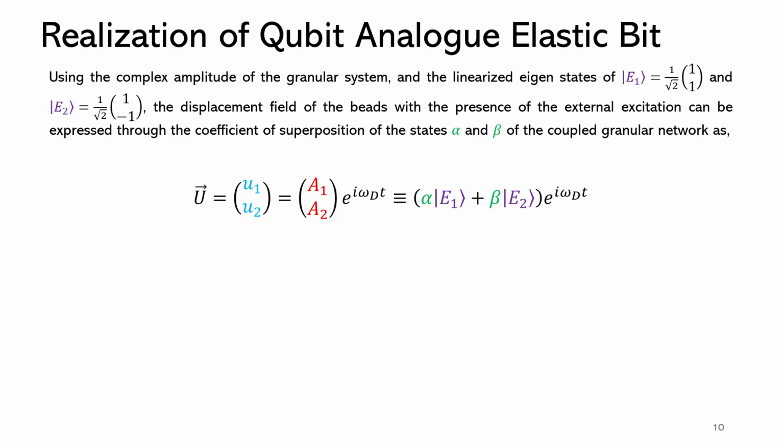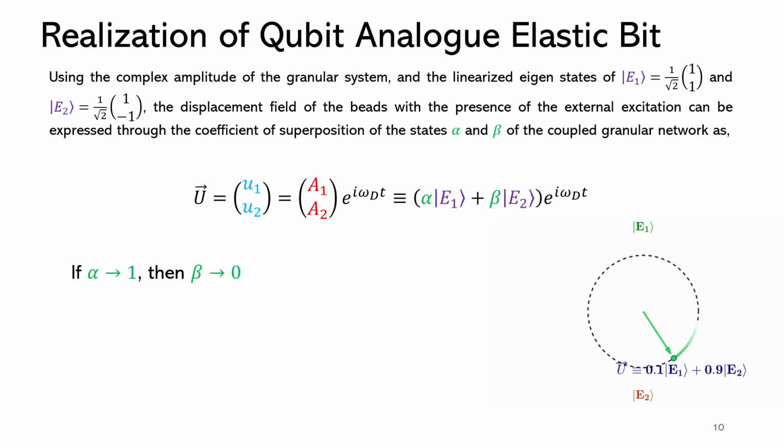So we have a1, a2, which are the amplitudes of the granules, omega_d is the driving frequency, and alpha and beta are the coefficients of the superposition of states. That means at each time, how much e1 and e2 is retained in the system.